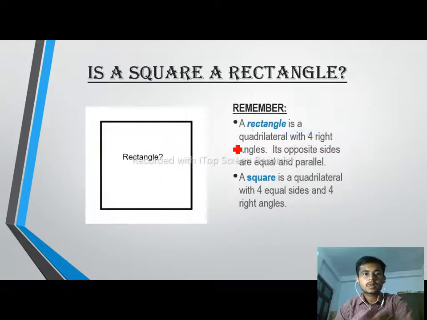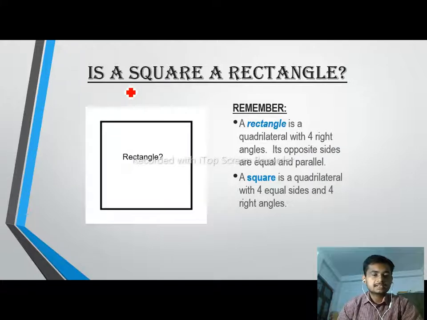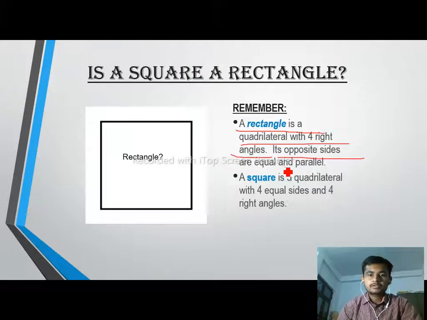So, is a square a rectangle? You have to remember the definition: a rectangle is a quadrilateral with 4 right angles, and its opposite sides are equal and parallel. A square is a quadrilateral with 4 equal sides and 4 right angles.